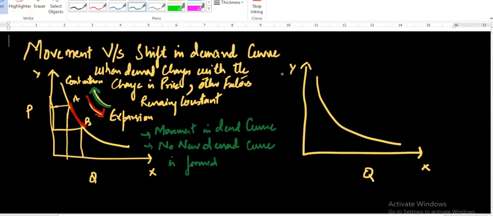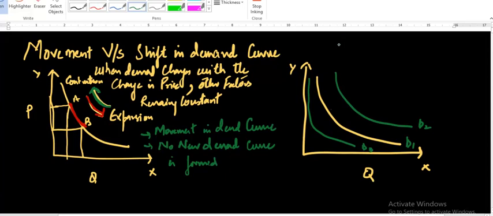Now, let me talk about a shift in the demand curve. Say, for example, this is demand curve 1. I may have two types of shifts, one to the rightward side and another one to the leftward side. Let me name it demand curve 2, and let me name it demand curve 3.